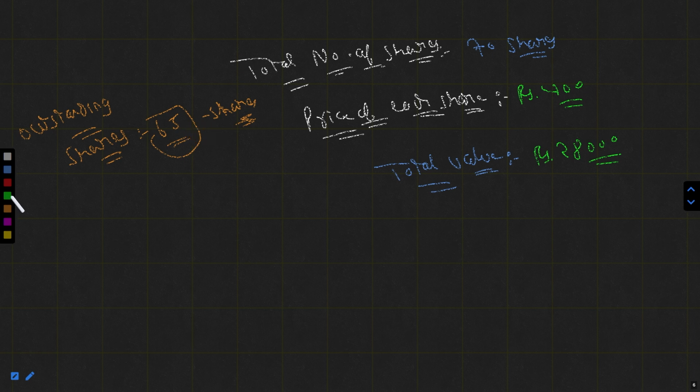Okay, so now the calculation will be 65 into 400. All right. 65 into 400 is 26,000. That will be the calculation.